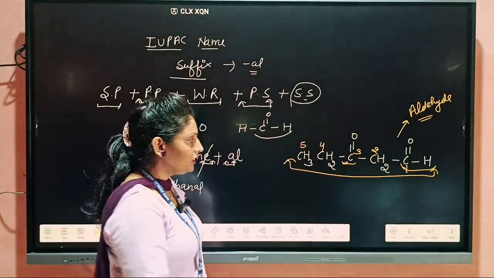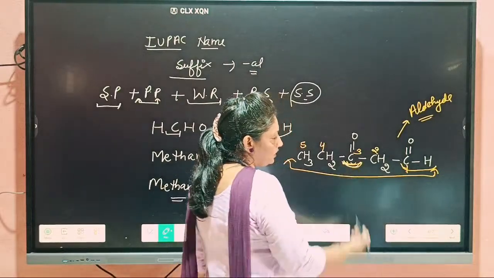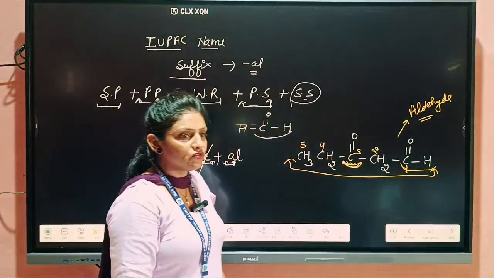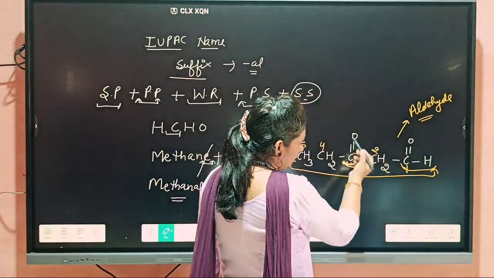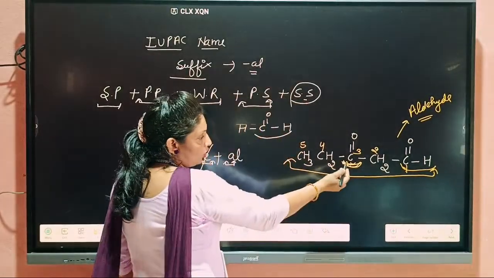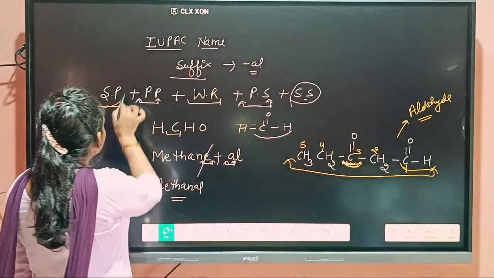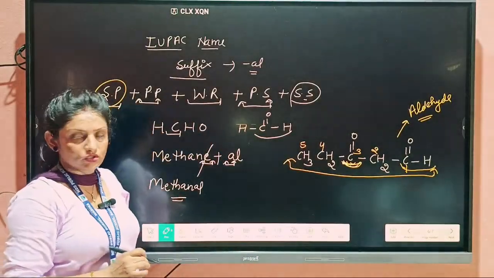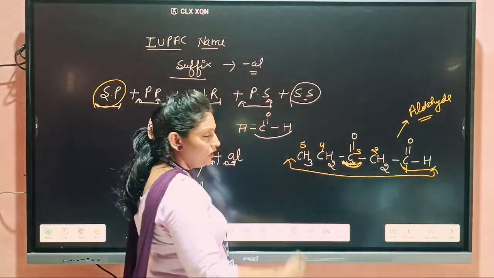Okay. So here you will consider this ketonic group, C double bond O, as a prefix, and when you are using it as a prefix, then you will write oxo. So first of all we will write the secondary prefix. Here the prefix is this, according to the preference of the functional group.